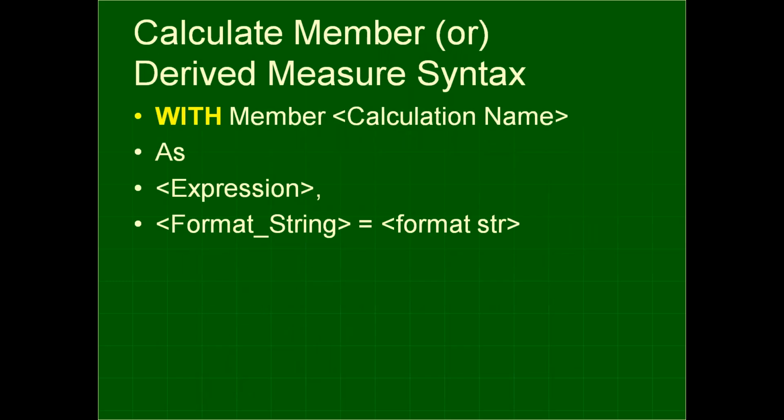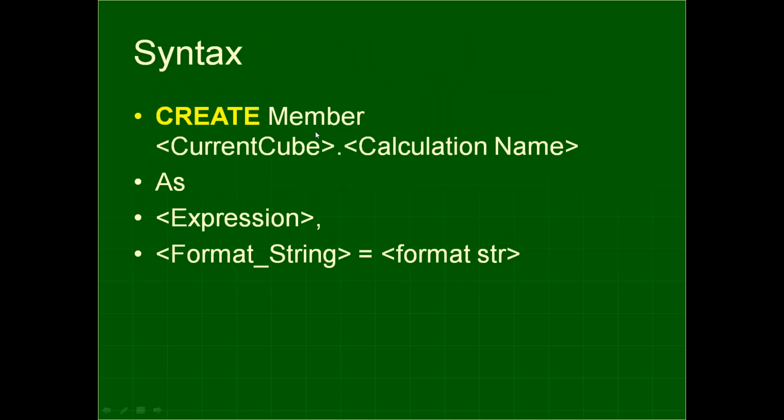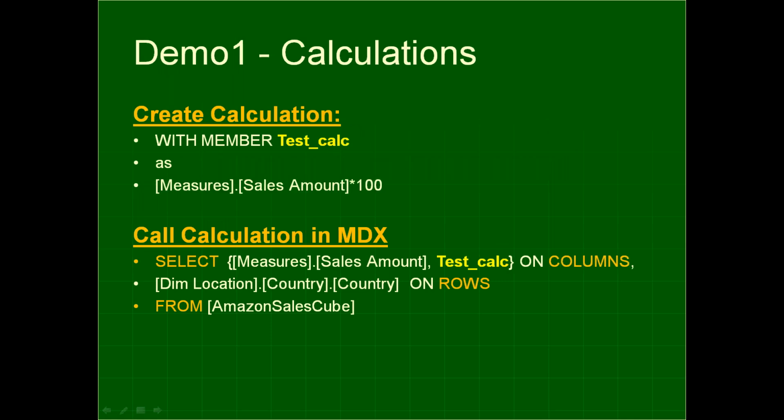All these things we discussed. And how to create a calculation: we can create a calculation with the help of a with member and a calculation name. And if you're using create member, definitely you need to use the cube name and the calculation name whenever you say create. Whenever you use with, you need not use the cube name.